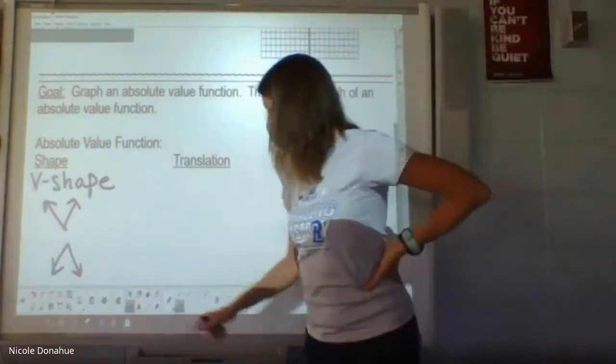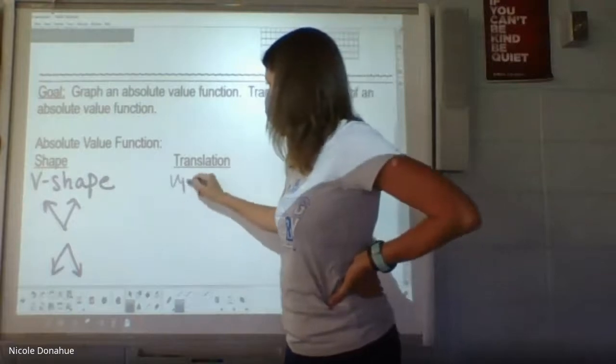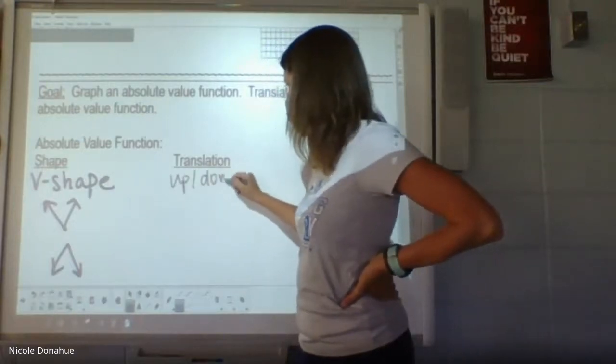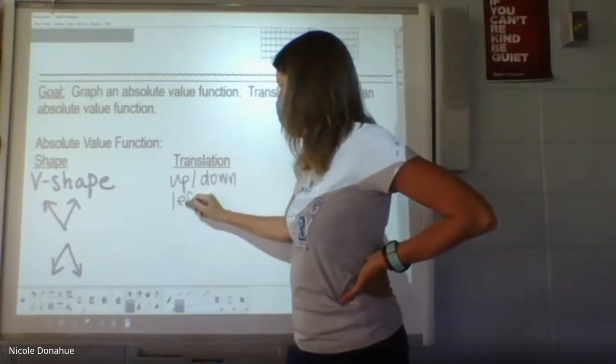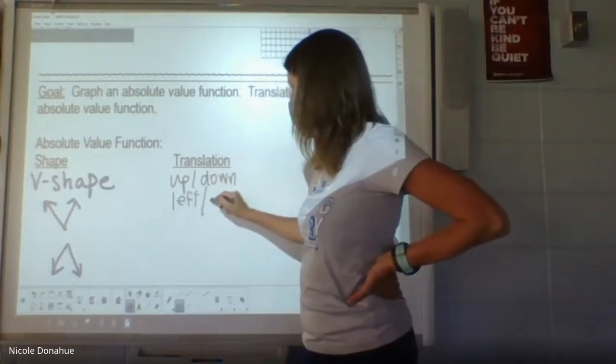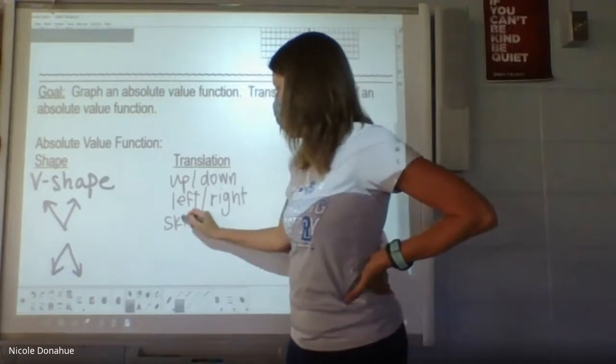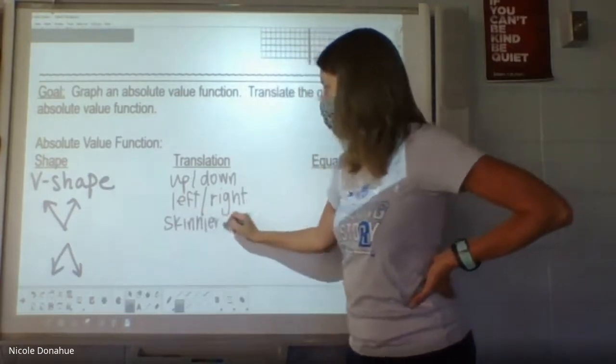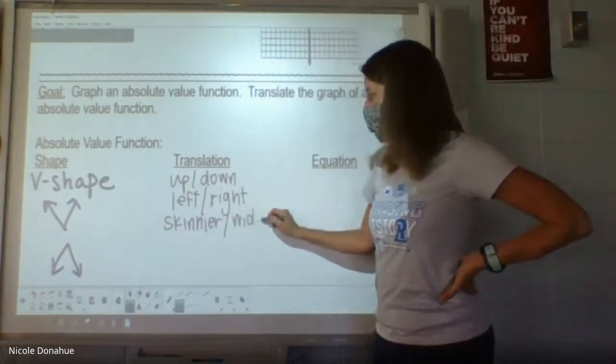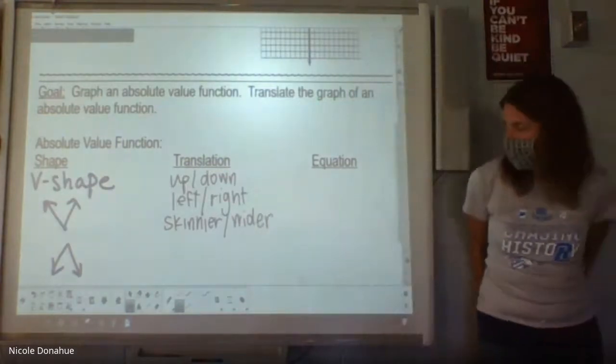So the translation we're going to talk about is either up or down, left or right, like a shift, and then skinnier or wider. And we're going to talk about all three of those today.